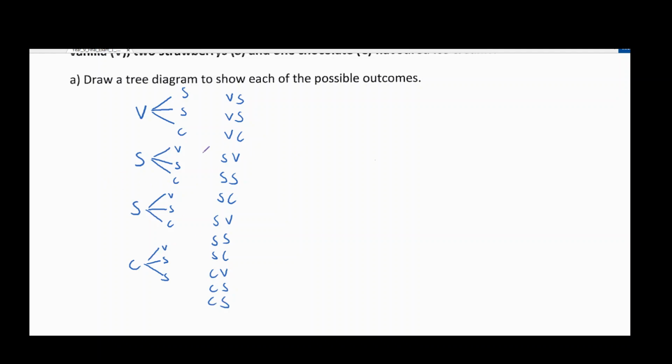Okay. And how many options do we have? 1, 2, 3, 4, 5, 6, 7, 8, 9, 10, 11, 12. So 12 different possibilities.